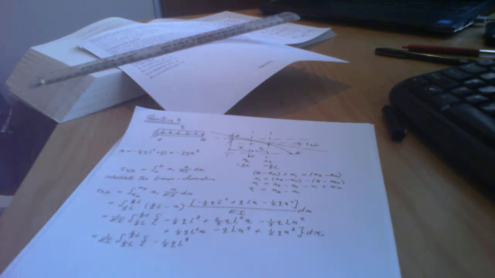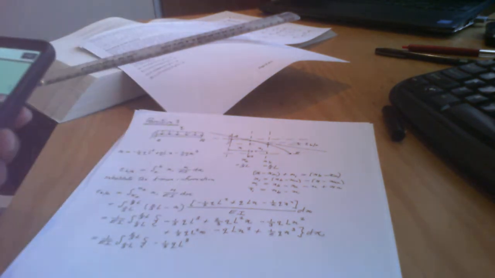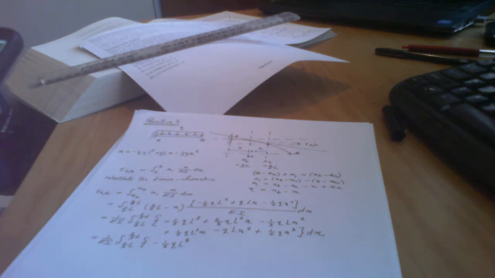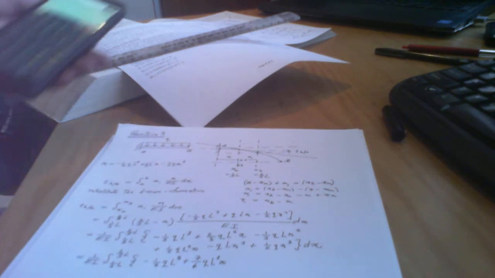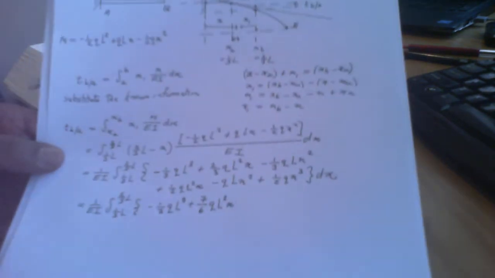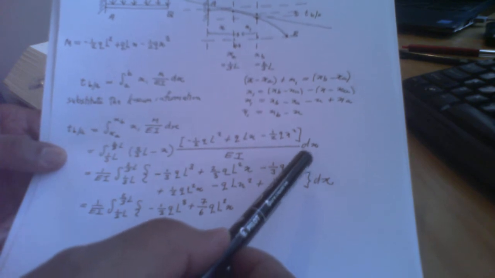Alright, so using our calculator, we would have 2/3 plus 1 over 2 would give me an answer of 7 over 6. So that would be plus 7 over 6 QL squared x. Okay, and then we have to add the terms with x squared.